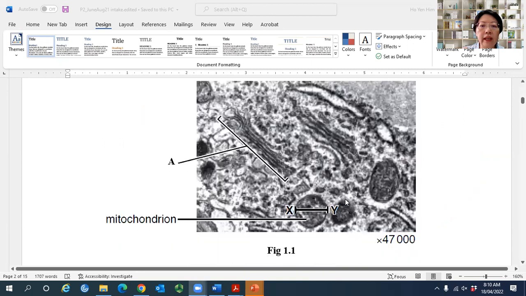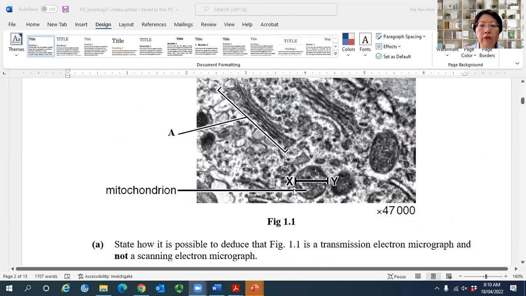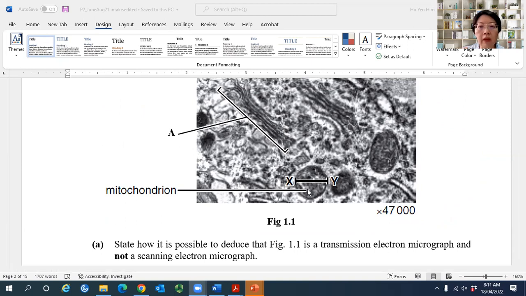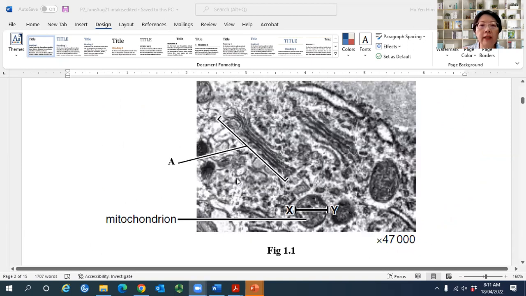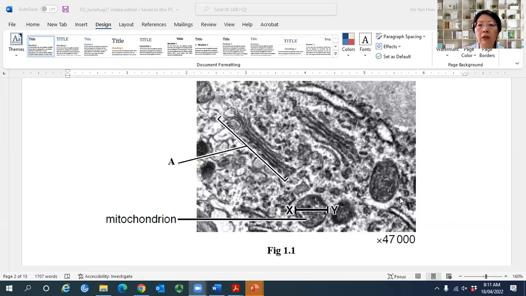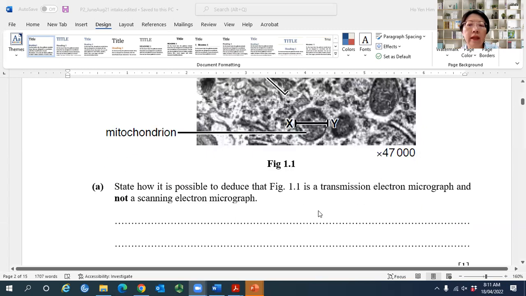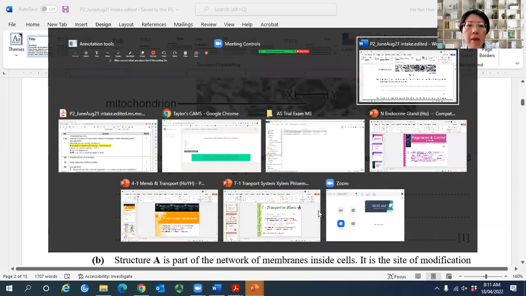Of course, they already labelled the mitochondrion, so those of you who wrote mitochondrion is visible are already correct. Other structures you can see are the vesicle and Golgi apparatus. Ribosomes are visible too, the dots, because this is an electron microscope. So 1 mark for this.